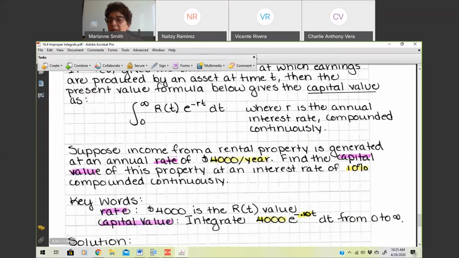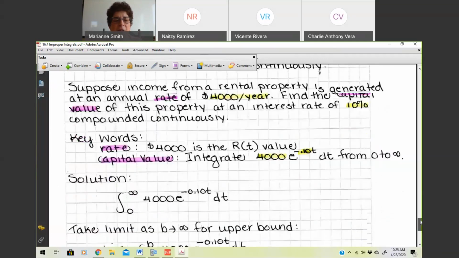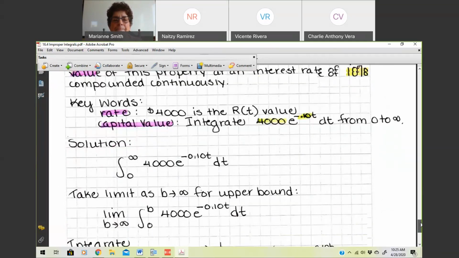The capital value says we're going to integrate 4,000, here's R of t, times e to the negative 0.10t from 0 to infinity, because again, we're talking about how much this would generate into the indefinite future. So here's our integral. Our upper bound is infinity, so I'm going to take the limit as b approaches infinity here.